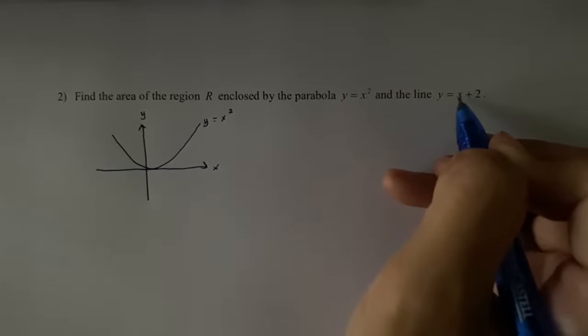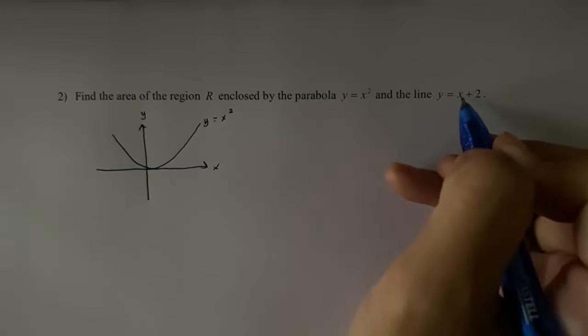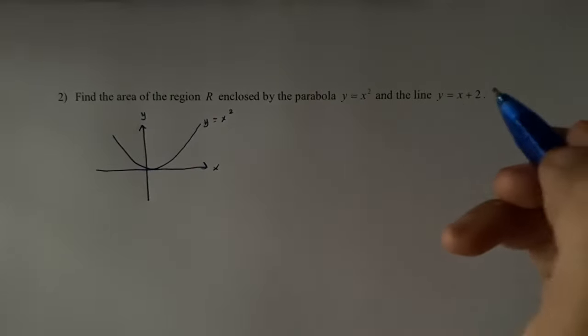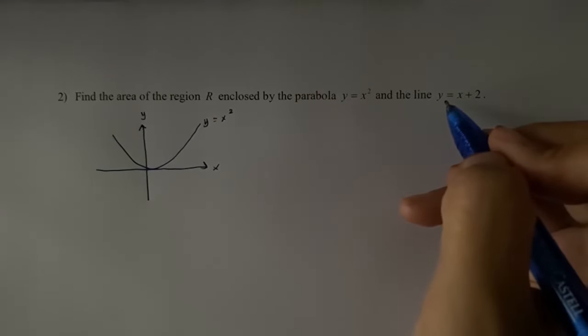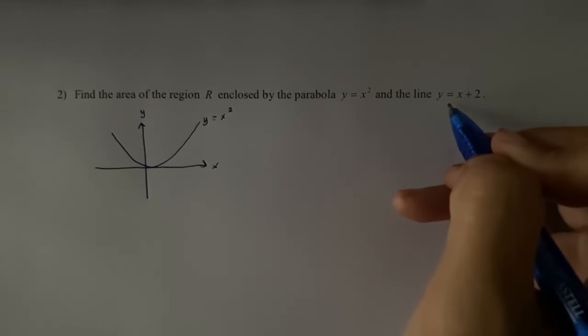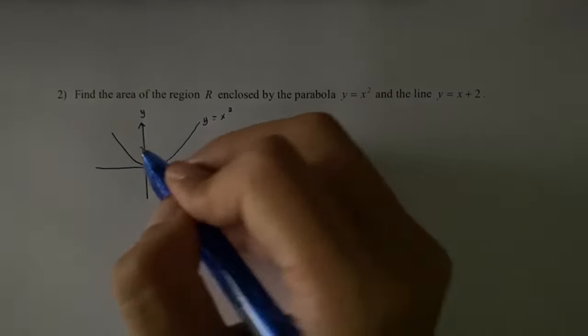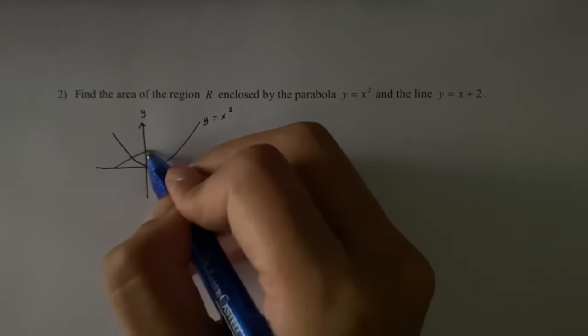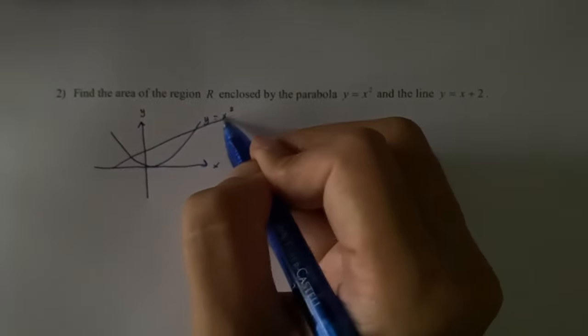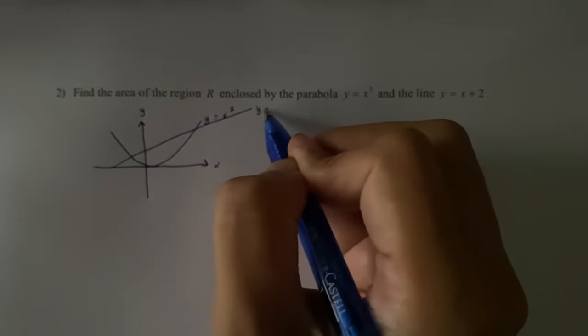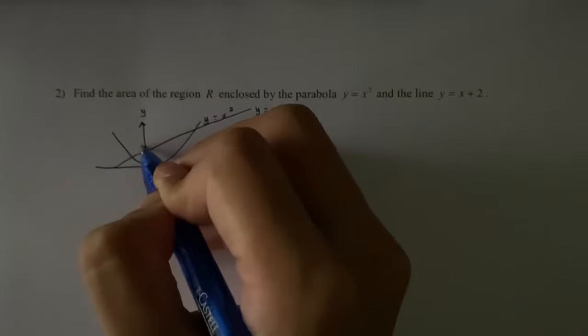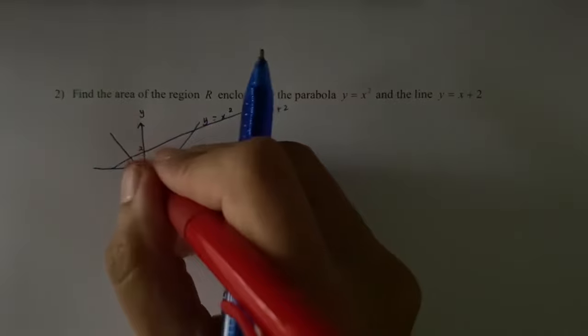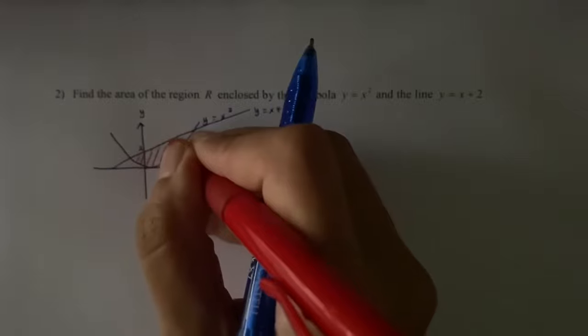When x equal to 0, y is equal to 2. So it intercepts at 2. It's a straight line, intercept at y equal to 2. And this is the bounded region. This is our R.